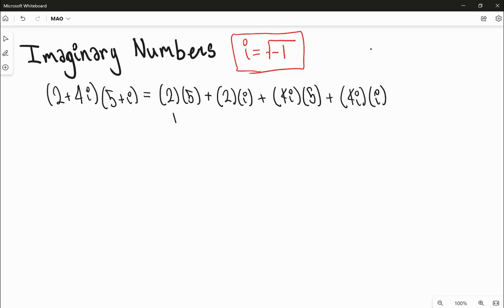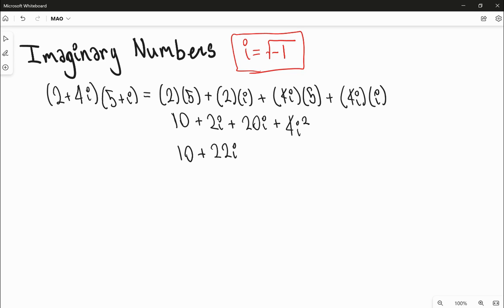So 2 times 5 is 10, plus 2 times i is 2i, plus 4i times 5. 4 times 5 is 20, so you get 20i. And then 4i times i, so that's where the real math is happening, because you get 4i squared. So 10 plus 2i plus 20i is 22i.